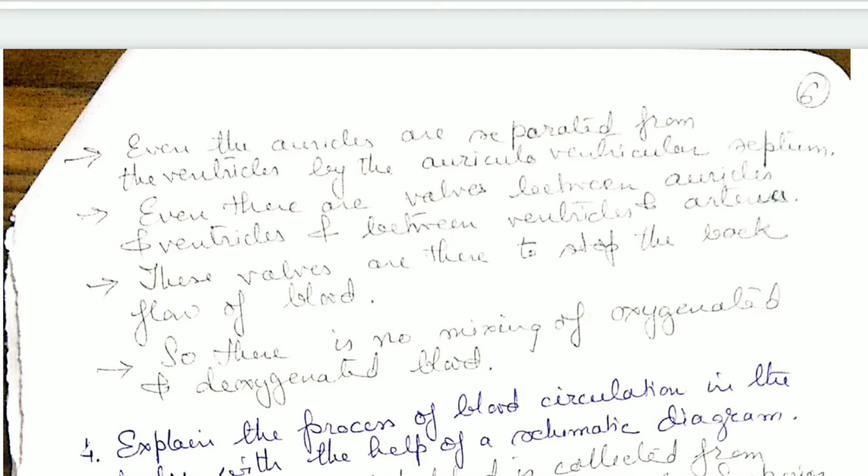So there are valves which are present between the auricles and ventricles, or ventricles and arteries also. These valves are allowing the blood to flow in one direction, and not the backflow of the blood.